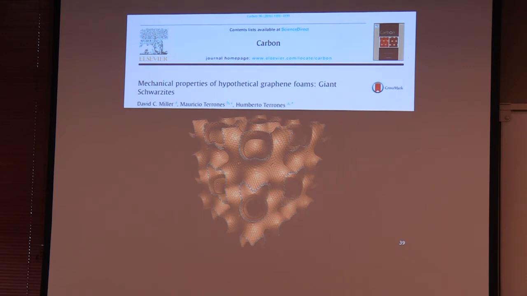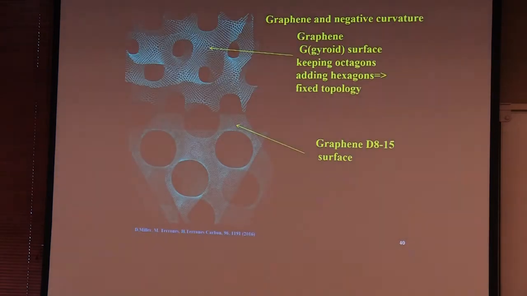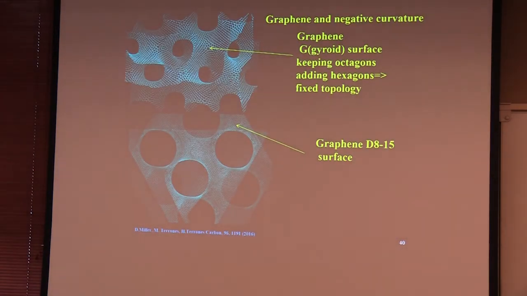So what we have done with the undergrad student here at RPI is consider these giant Schwarzites, in which the number of atoms can range from 24 per cubic cell to 9,000 or 12,000 per cubic cell. And of course, you cannot calculate the electronic properties of these.